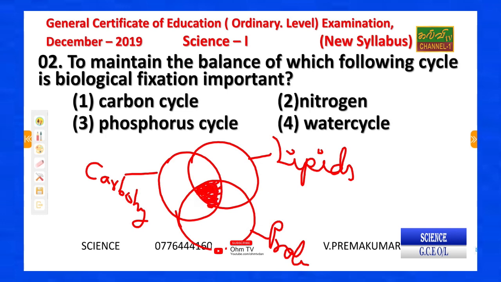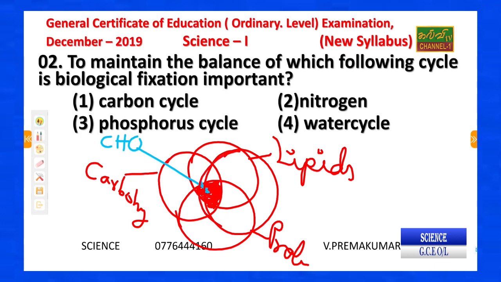CHO is here. The shaded area has CHO. Not only this, if you want to draw another circle, like DNA also, right?